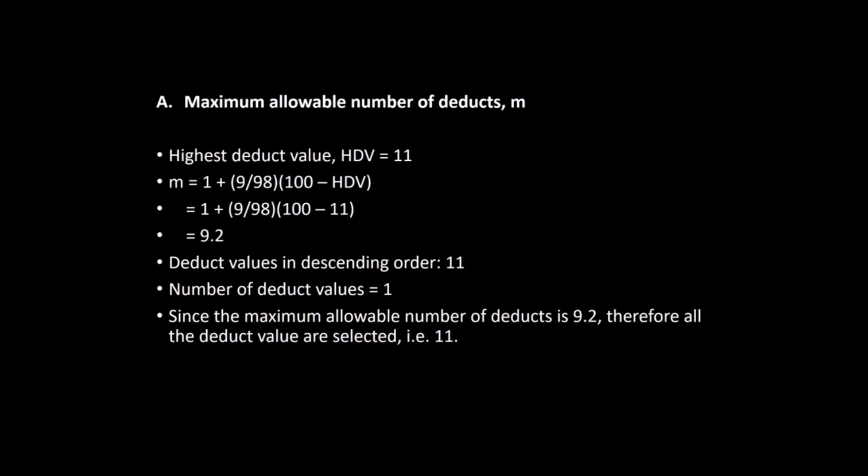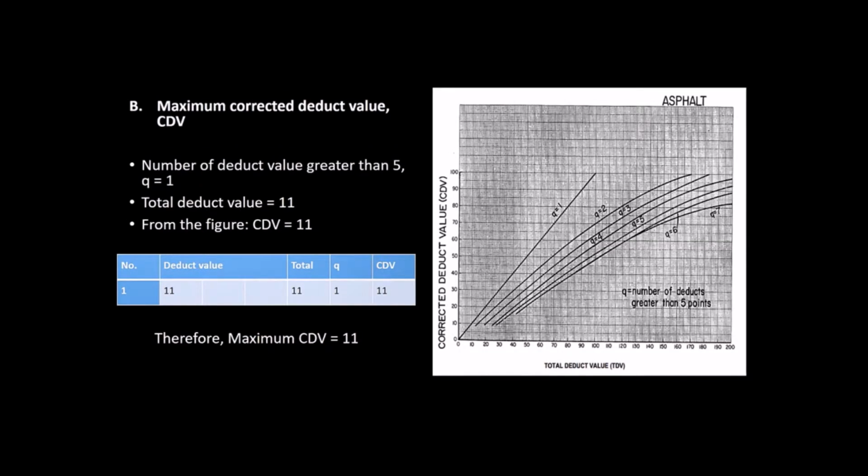Since the maximum allowable number of deducts is 9.2, all the deduct values are selected. After that, we have to find the maximum corrected deduct value, CDV. The number of deduct values greater than 5, q, equals 1, because there is only the value 11. The total deduct value equals 11, and from the curve, CDV equals 11. Therefore, maximum CDV equals 11.